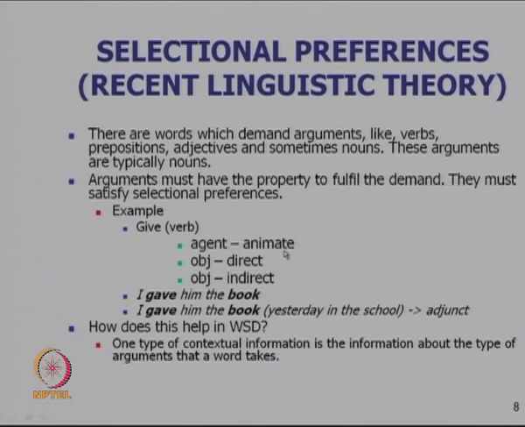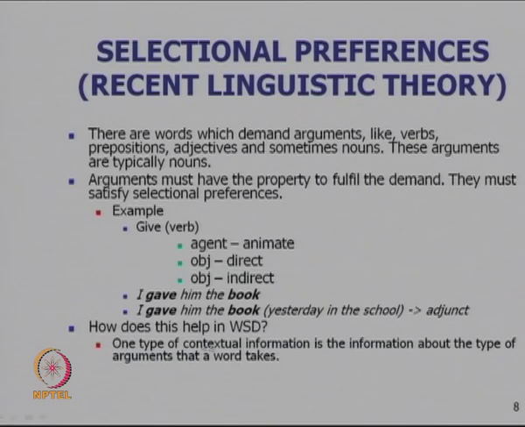The agent has to be animate, and the direct and indirect objects are nouns. So, if I take this sentence, I gave him the book, he is the indirect object, book is the direct object. I gave him the book yesterday in the school. So, yesterday in the school is not essential information, it cannot go as an argument, but it is the adjunct which is coming in the sentence.